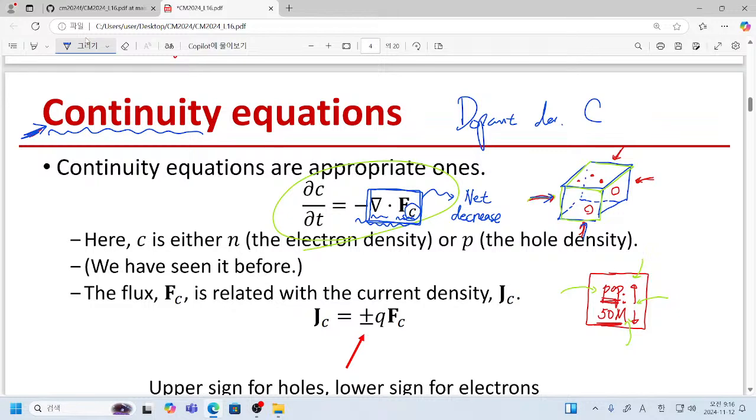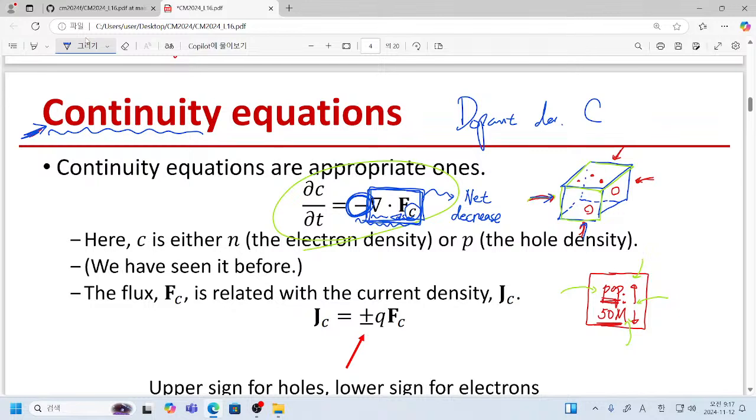Why do we have a net decrease? Because this flux is defined by counting the number of particles escaping from these boxes. So here we have a minus sign in order to make a net increase.